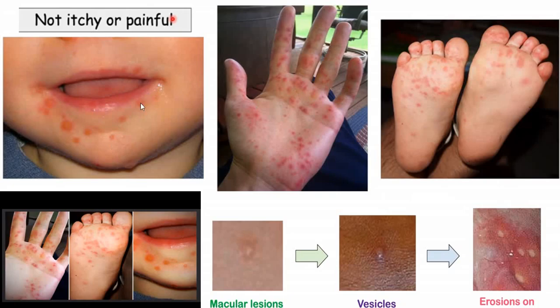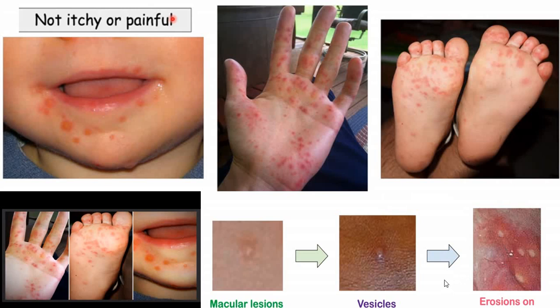Classical rash, you can see the perioral region, palm, foot, we call the sole region, which are mainly macular, maybe vesicles, and will be erythematous halo, erosion on erythematous halo. So later on it can ulcerate.